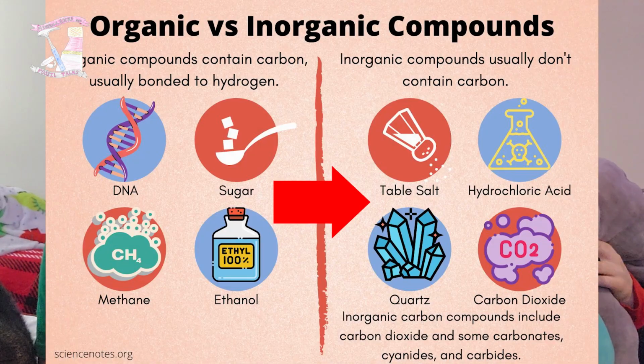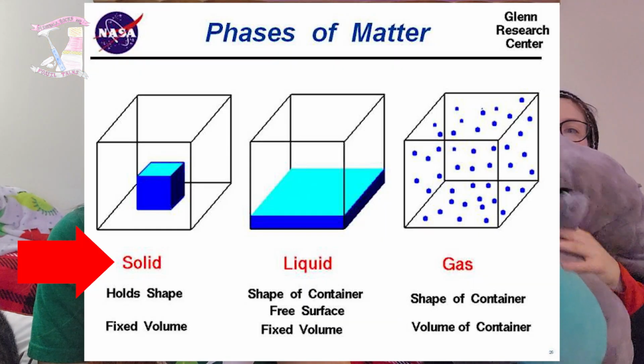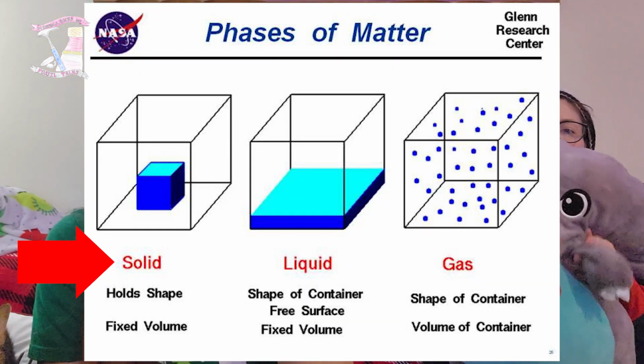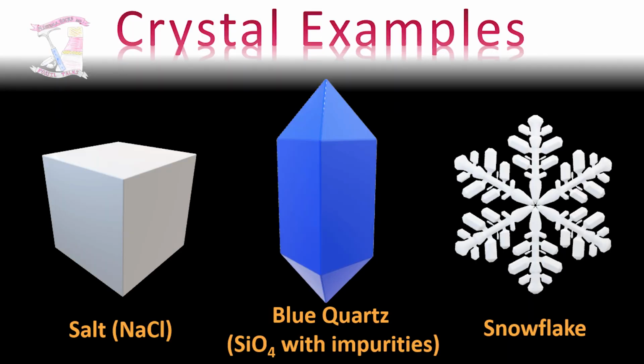The more technical definition of a mineral is they're defined by 4 characteristics. 1, they are made up of a single element or compound. 2, they are inorganic. 3, they are a solid. And 4, they have a definitive crystalline structure.